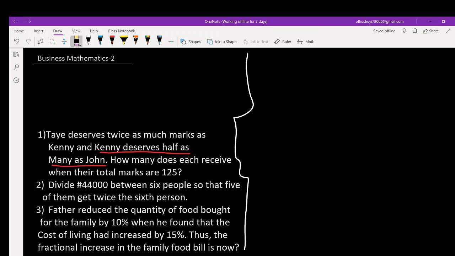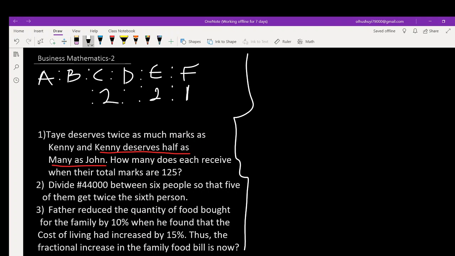So 6 people, that will be A ratio B, ratio C, ratio D, ratio E, ratio F. So the other of them should get twice whatever the 6th person is getting. The 6th person is getting 1, so automatically these will be getting 2, 2, 2, 2, 2.